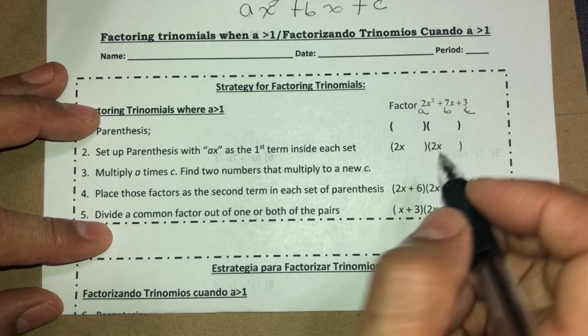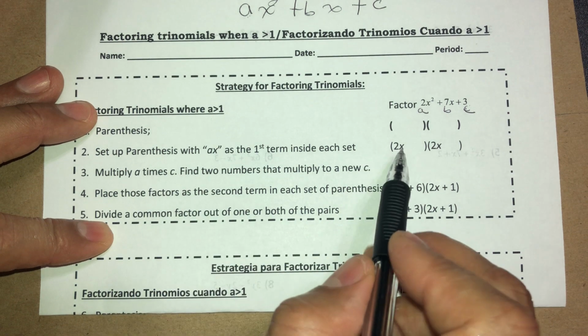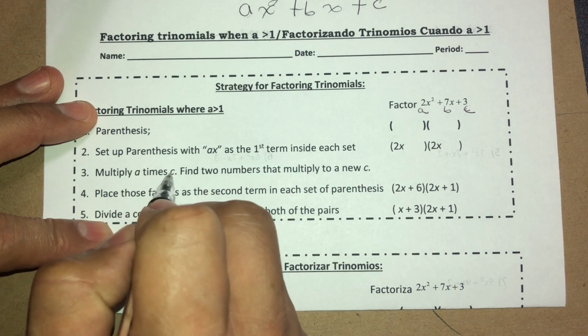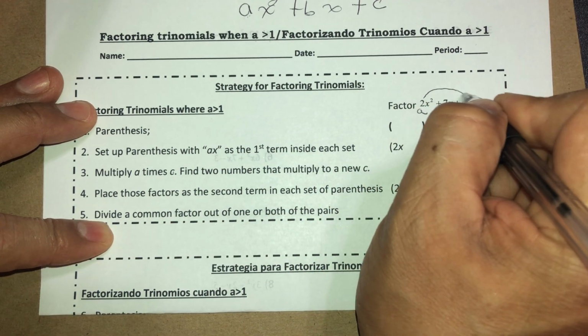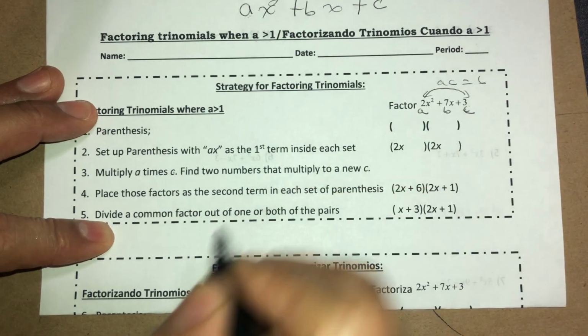So when we do this, then we have to multiply the value of a times the value of c. That means we multiply 2 times 3, so AC here will be 6.